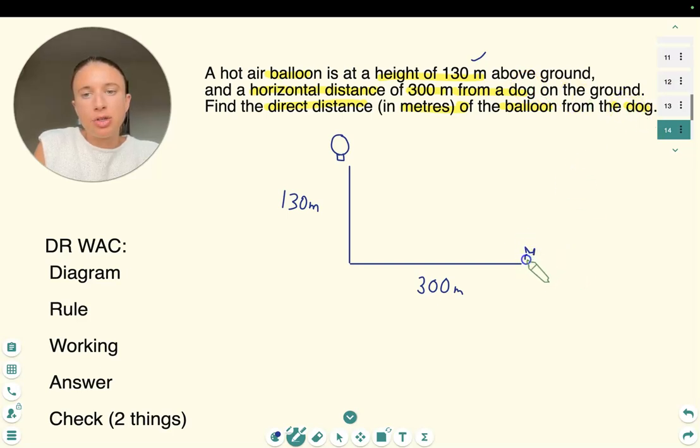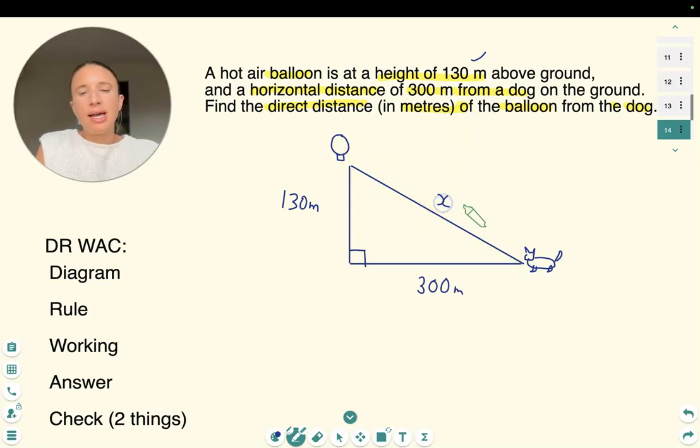Here's our dog, more like a cat. Find the direct distance of the balloon from the dog. So just draw them, and it conveniently happens to be a right-angled triangle. So we need to find this direct distance. Let's call it x. So we've got our diagram labeled nicely.